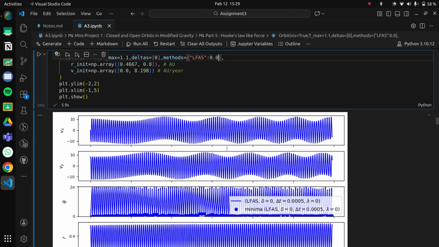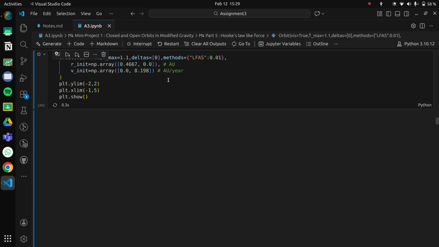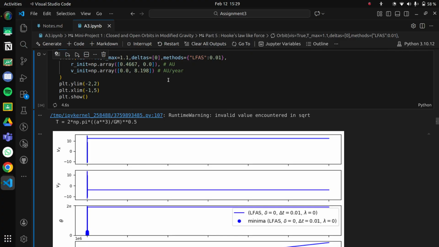I'm just gonna have some really small value and see what's gonna happen. It says invalid value in counter square. Why is that happening? A cubed. Okay, let's just see.